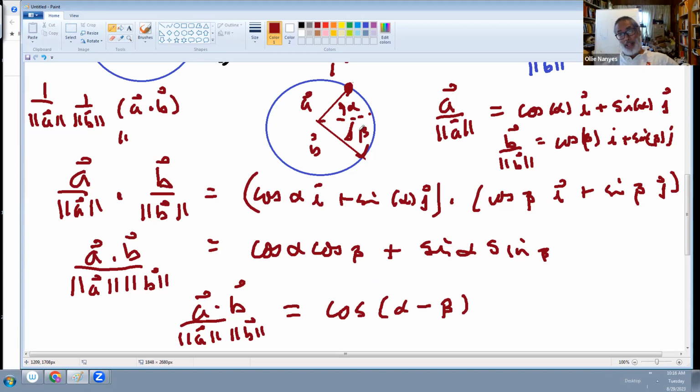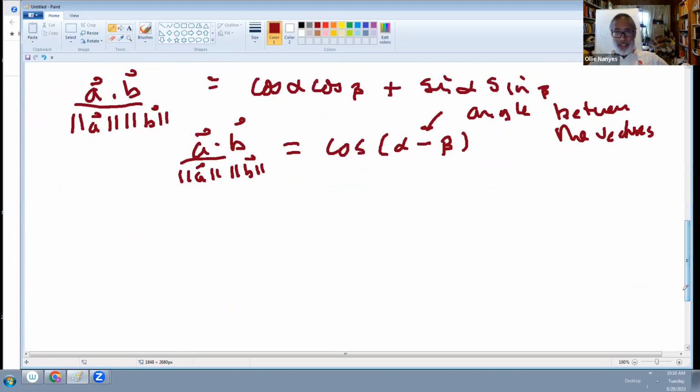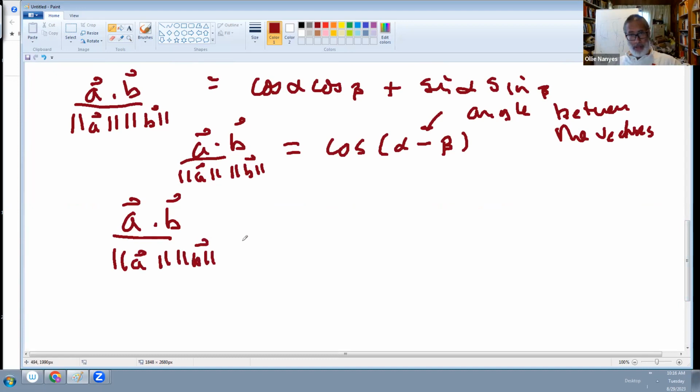I drew beta as positive coming here, so I probably should have written this differently. Well, I'll just assume it's negative here. I drew it as negative, but it could be positive. But what is that? This is the angle between the vectors. So this is, by definition, the cosine of theta, which is what we set out to show.